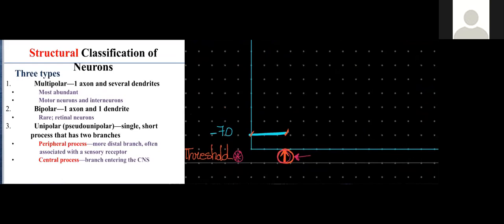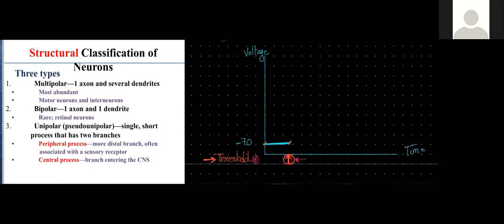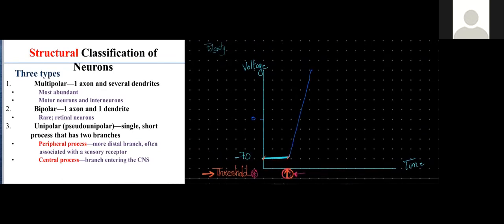So this means that am I going up or down on the graph? This is my 0 on here. Would I be going up or down on this graph? I'm going up. So there will be an increase in the membrane voltage. So rather than being negatively charged on the inside, it's going to become more positively charged on the inside. So I start with negative 70, I go all the way up.